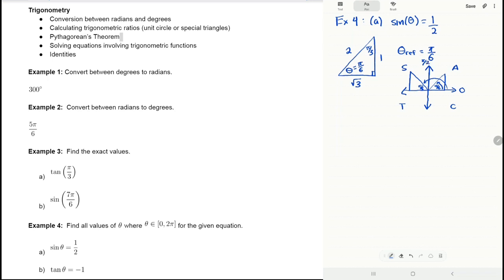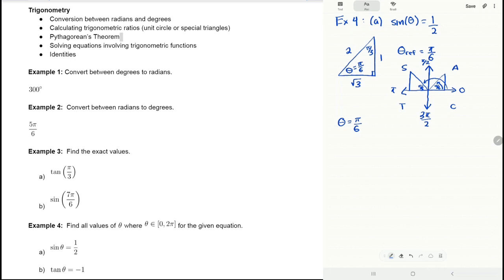We have 0, pi over 2, pi, and 3 pi over 2. So our first angle is going to be from quadrant 1, which is pi over 6. The second angle is going to be pi over 6 less than pi.